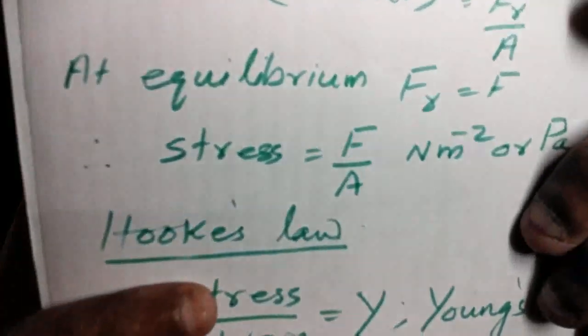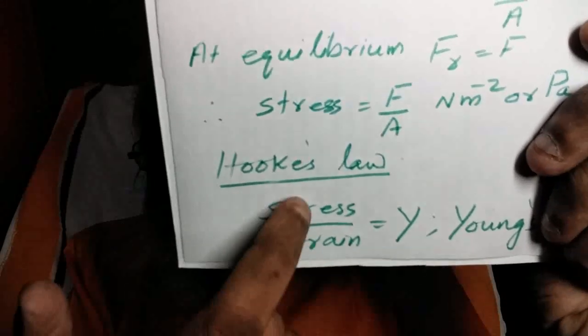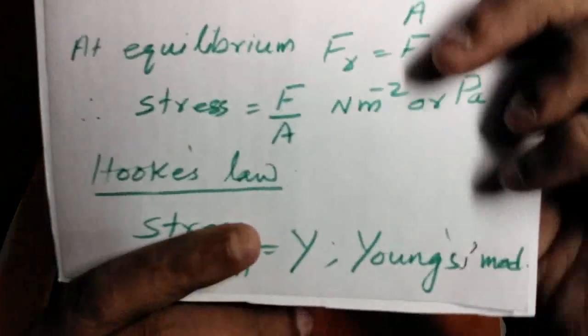Now there is a law connected with this stress and strain. If you stretch a wire without any restriction, it will break and it won't come back to the original length. So there is a limit. That limit is called elastic limit. Within the elastic limit, there is a law called Hooke's law, which states that within a limiting stress or strain, the ratio stress by strain is a constant for a material.